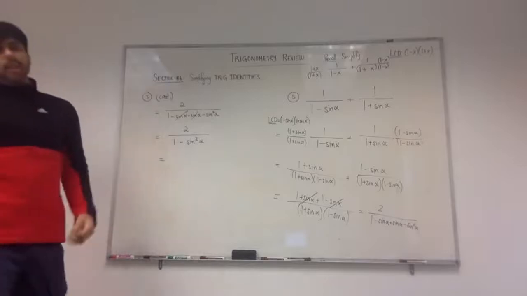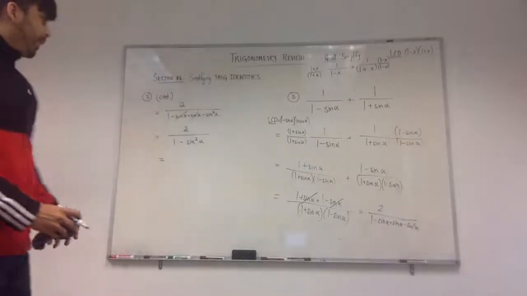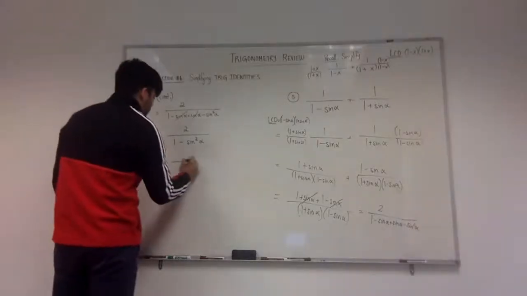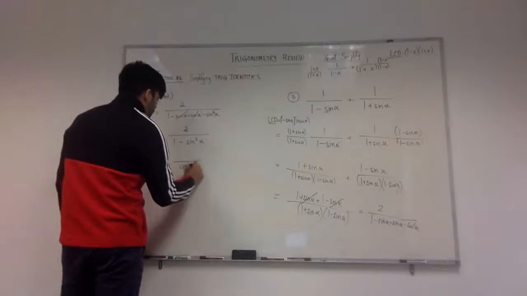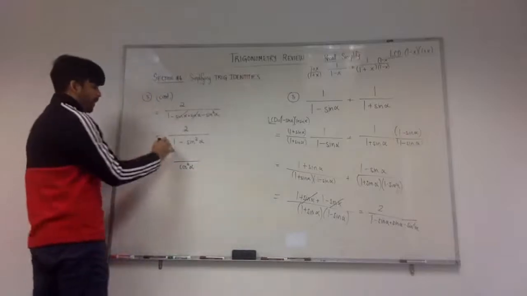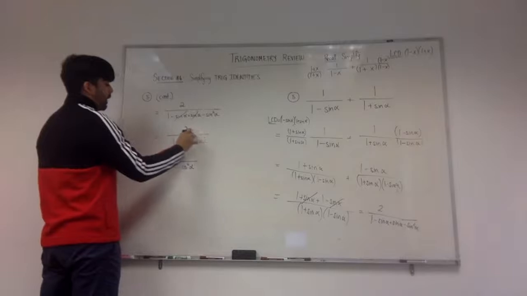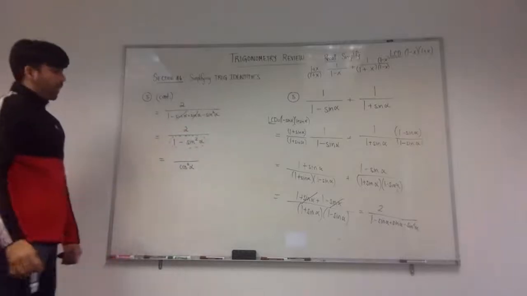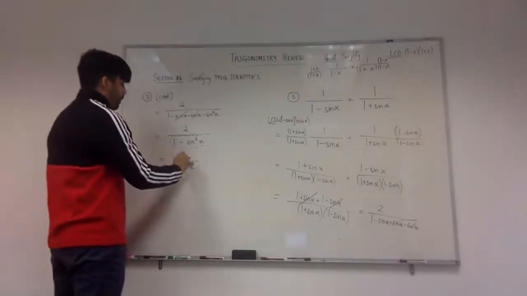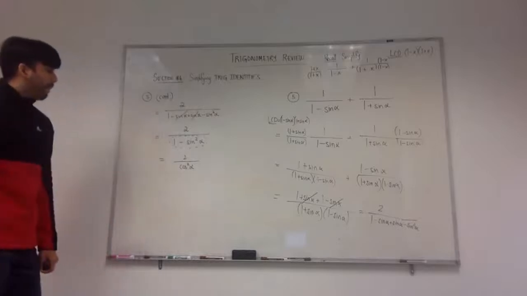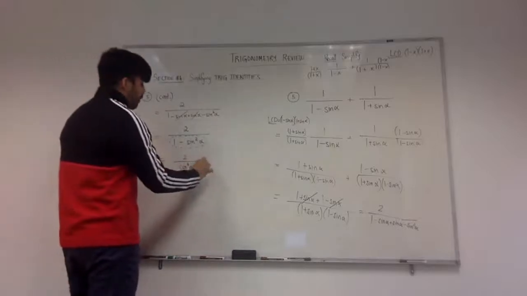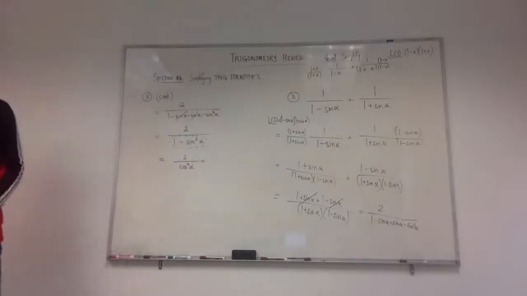But then I realized, hey, what's 1 minus sine squared alpha? It's exactly cosine squared alpha. Remember this. I should be able to recognize 1 minus sine squared alpha is cosine squared alpha, with the 2 over it. And I can leave it like this because there's not much you can do after this.